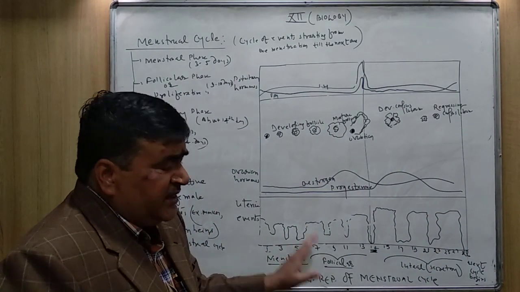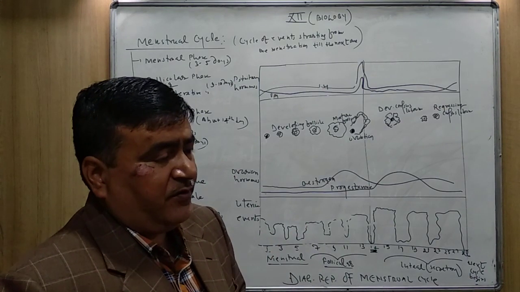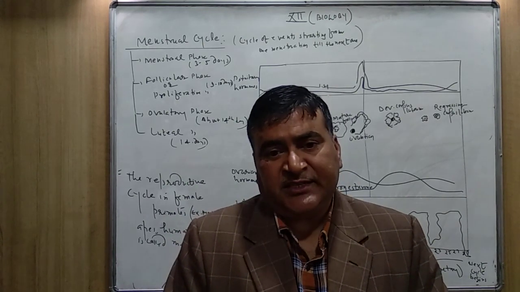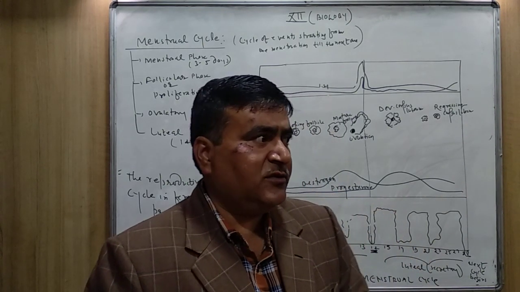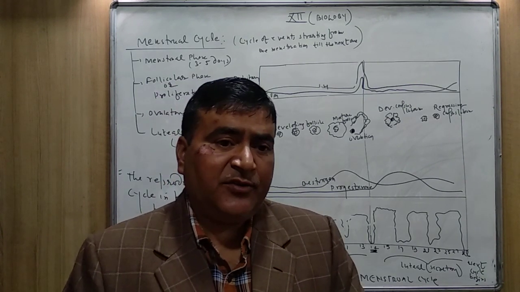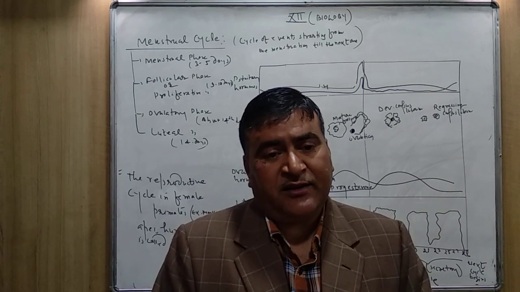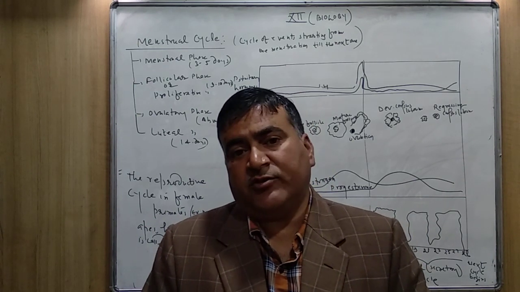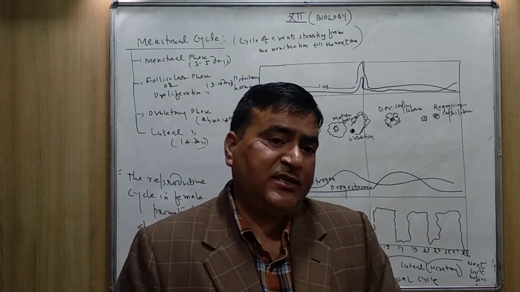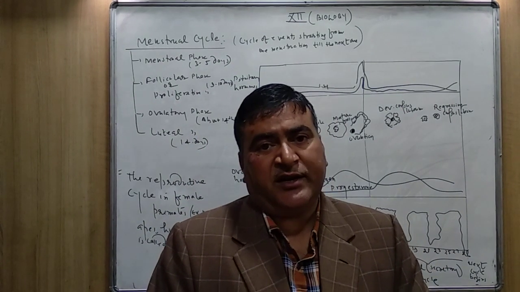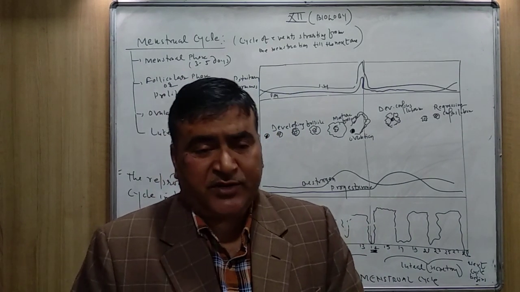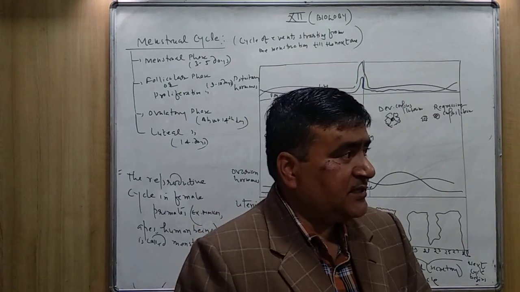So in the follicular phase, very important, these two hormones are secreted, FSH and LH. Both the hormones induce the follicle cell, which is converted into the Graafian follicle. Both the hormones also stimulate other follicular cells to produce estrogen hormone, and estrogen helps to thicken the wall of the uterus for the process of implantation.